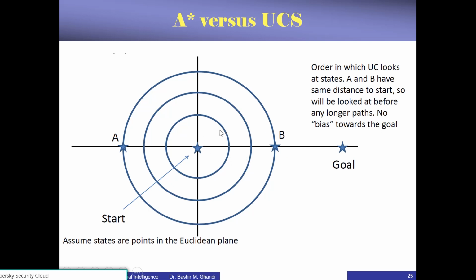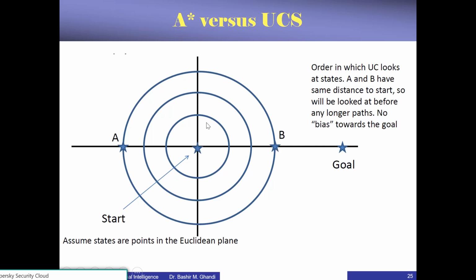It has no bias. It is just going to look at the values and see which of them gives you the smallest value so far from the start state. For example, A and B have exactly the same distance, so they will be looked at before any longer path. In other words, there is no bias.